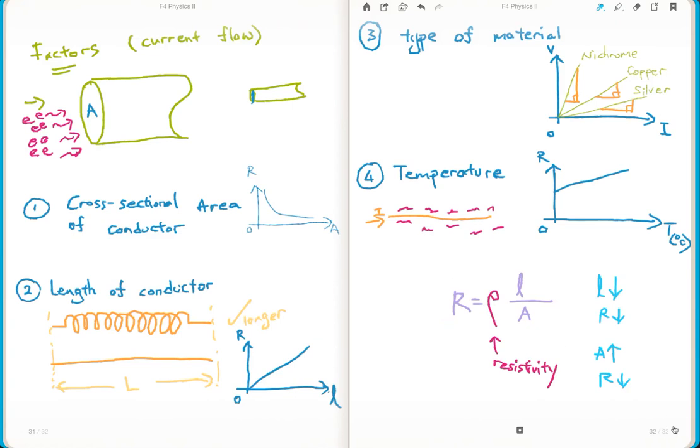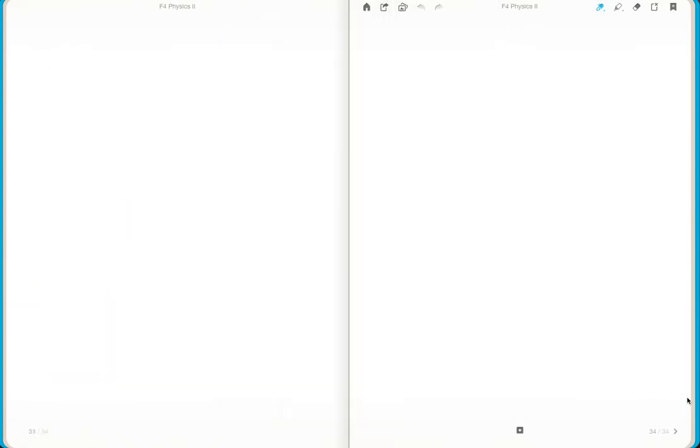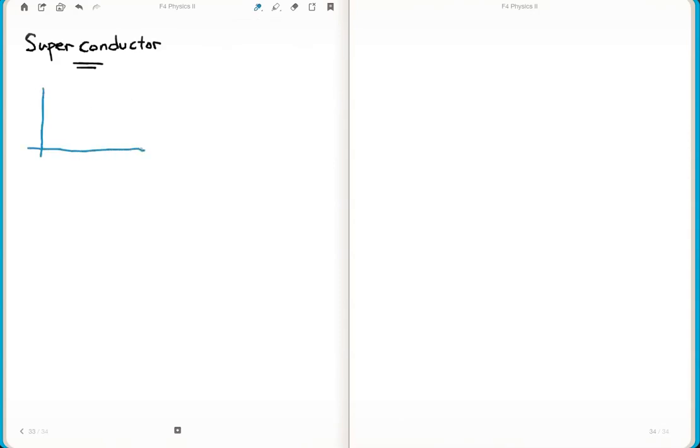the next characteristic of a material called superconductor, because earlier we mentioned conductor. In superconductor, we can learn it by graph. Previously, we have resistance versus temperature. It says directly proportional. What happened?